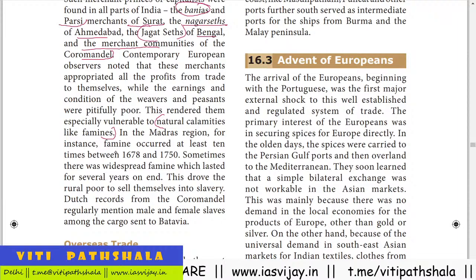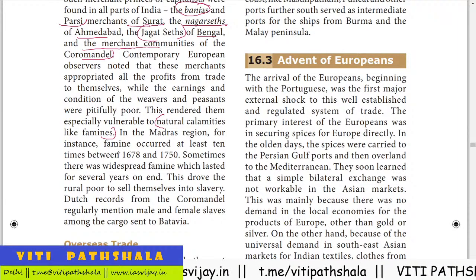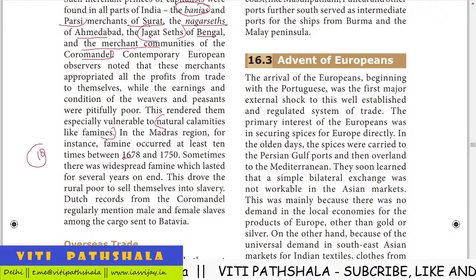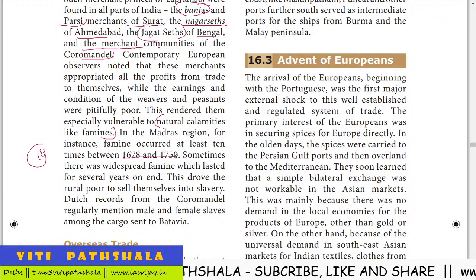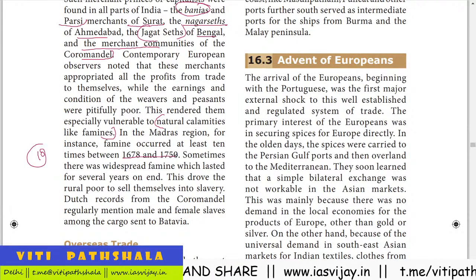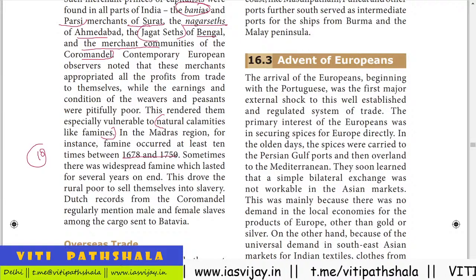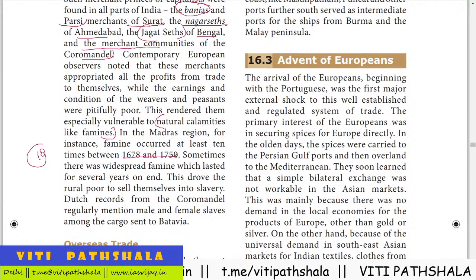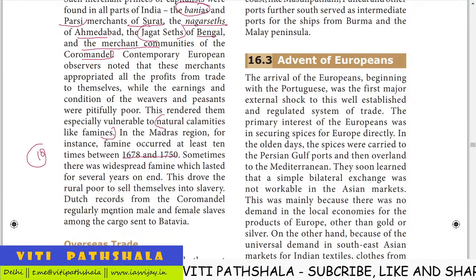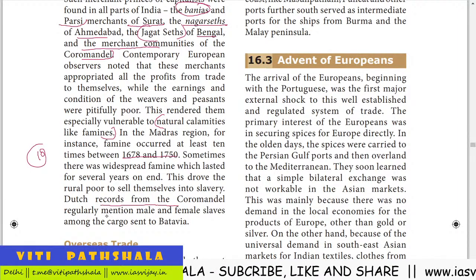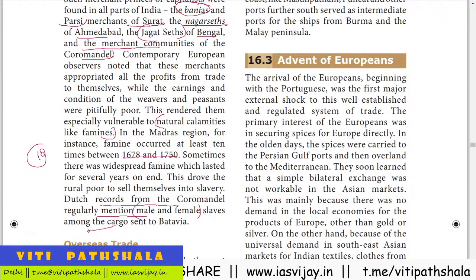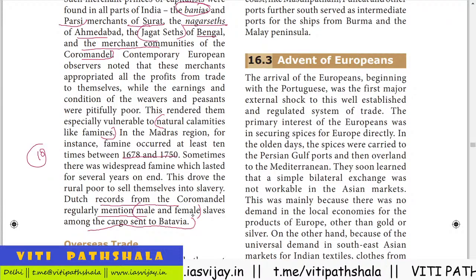In the Madras region, for instance, the famine occurred at least 10 times between 1678 to 1750. Sometimes there was widespread famine which lasted for several years on end. Now this drove the rural poor to sell themselves into slavery. Dutch records from the Coromandel regularly mention the male and the female slaves among the cargo sent to Batavia.